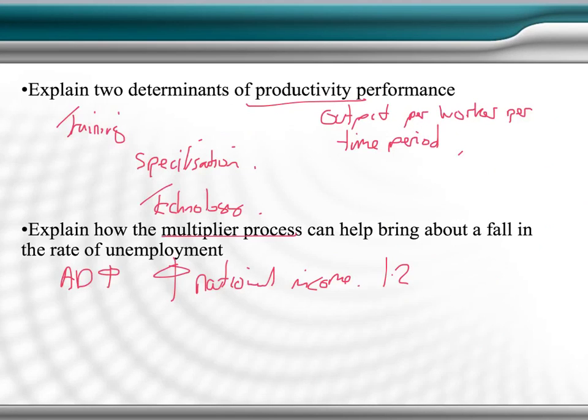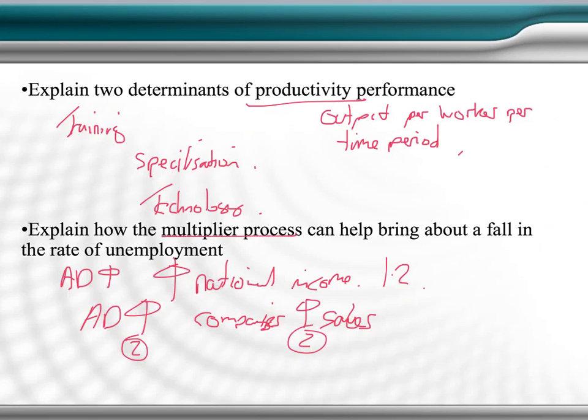Explain how the multiplier process can help bring about a fall in the rate of unemployment. Okay, so I've said what the multiplier process is, but you've got to go through what happens. AD's gone up, which means companies have got increased sales. So I've already got 2 marks.